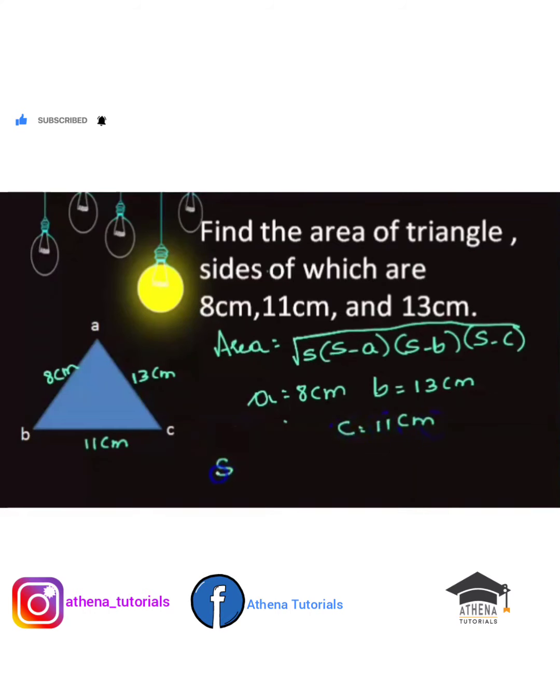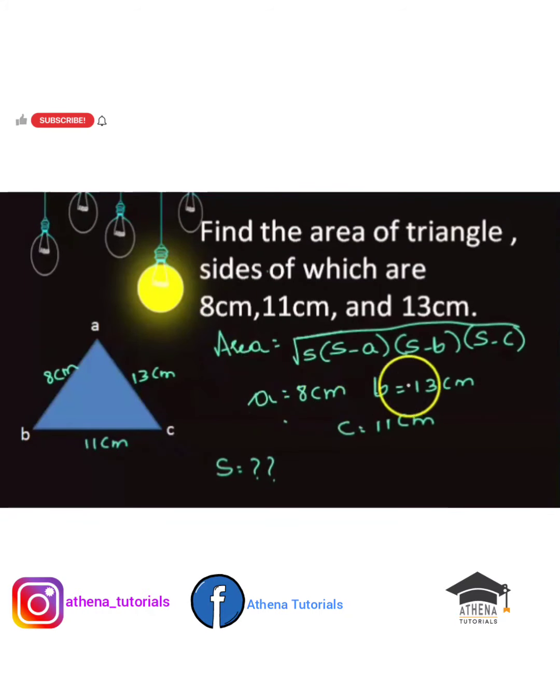How to find the value of S? I'll continue on the next slide. S is equal to A plus B plus C divided by 2. What are the values of A, B, C? A is 8, B is 13 and C is 11.